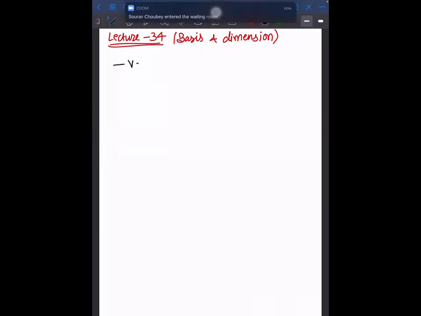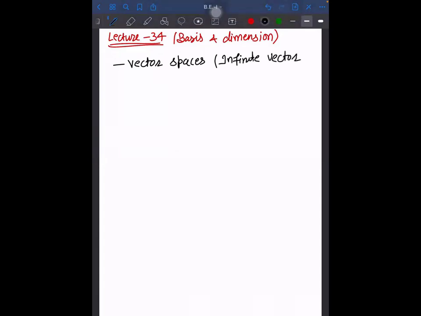So we've done vector spaces. Precisely, infinite vector spaces, the vector spaces which have an infinite number of elements, right? And we have done the linear independence of vectors, right?